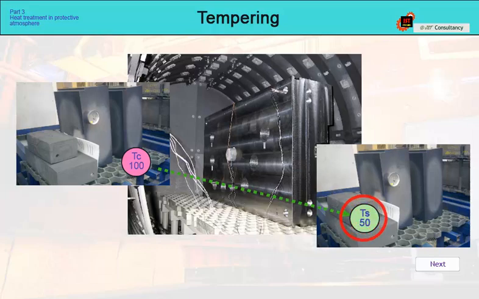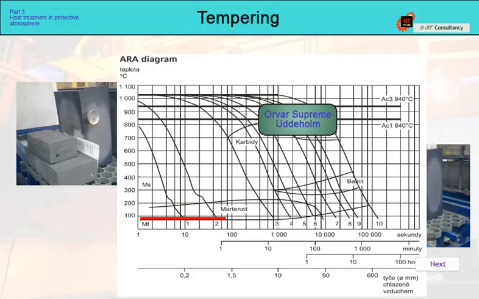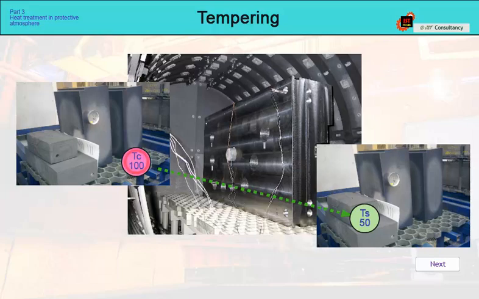The reason is not the temperature of the piece itself, but the definition of the martensitic transformation, because the end line of martensite, which indicates the end of the transformation of austenite to martensite, lies below 100 degrees Celsius. Even if the insert is removed from the furnace at a temperature of Tc equals 100 degrees Celsius, as soon as the core temperature drops below this value, this does not mean that the transformation of austenite to martensite is complete.